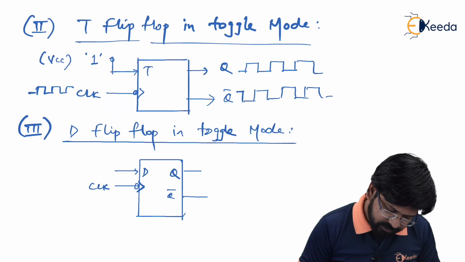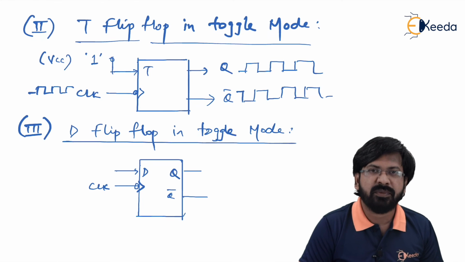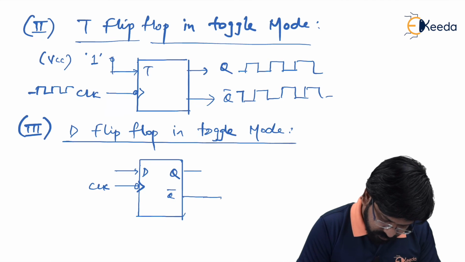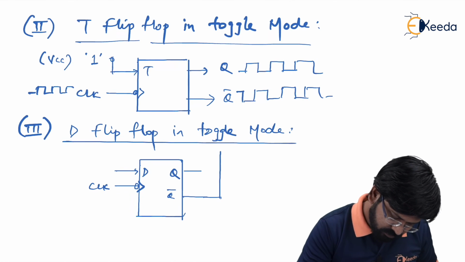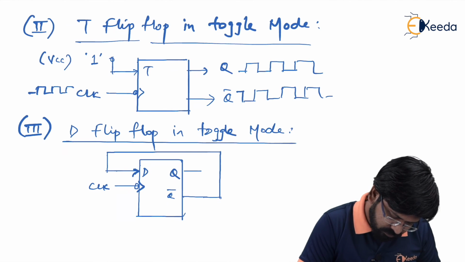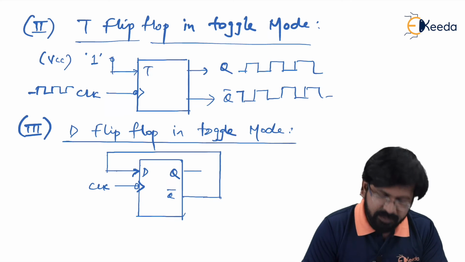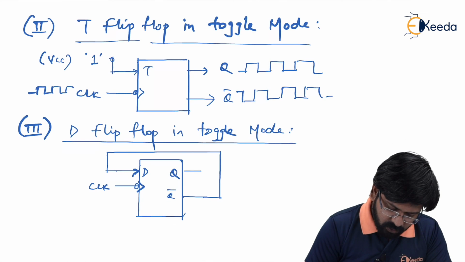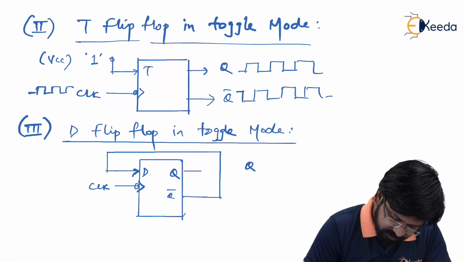Here what I'm doing is taking feedback from Q bar and applying it to D. So now what is going to happen? Let us see. Assuming Q was 0.